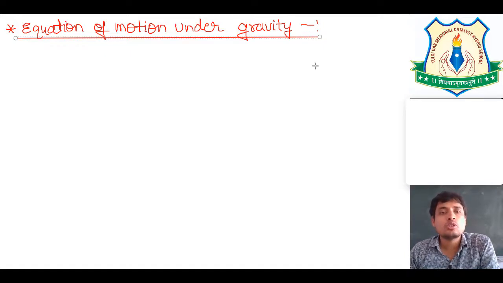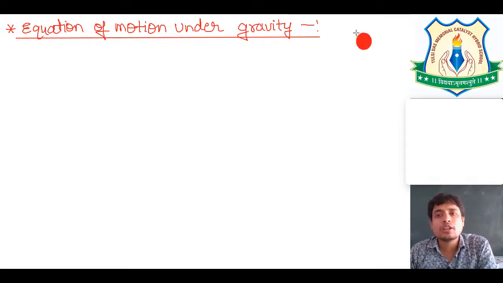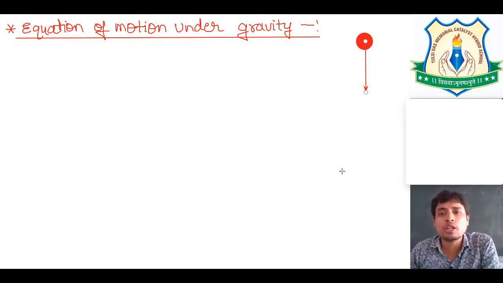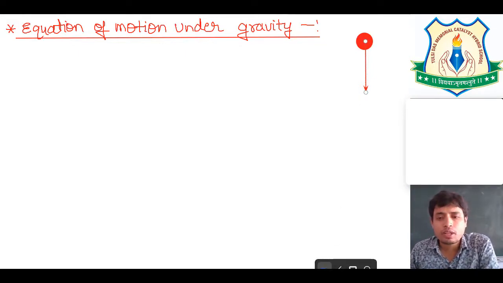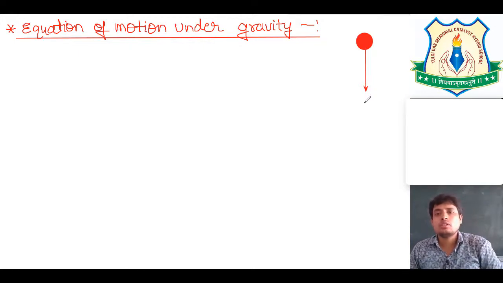In that case you can apply those equations. But if there is some object which is falling under gravity, then in this situation we have to make the equation of motion under gravity, and you can do this by very simple substitutions.